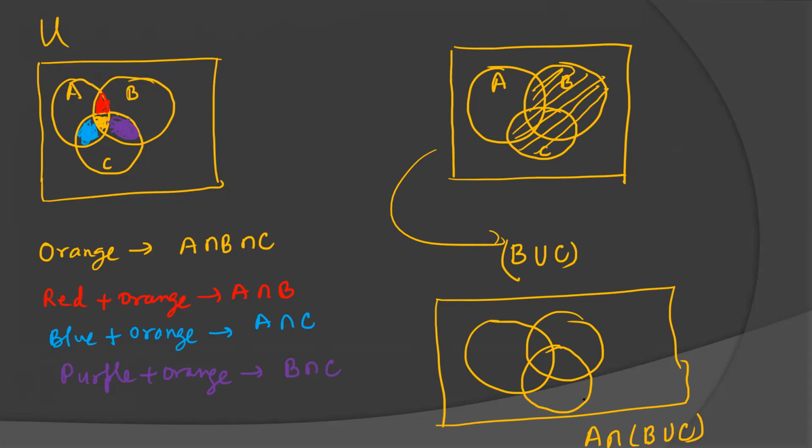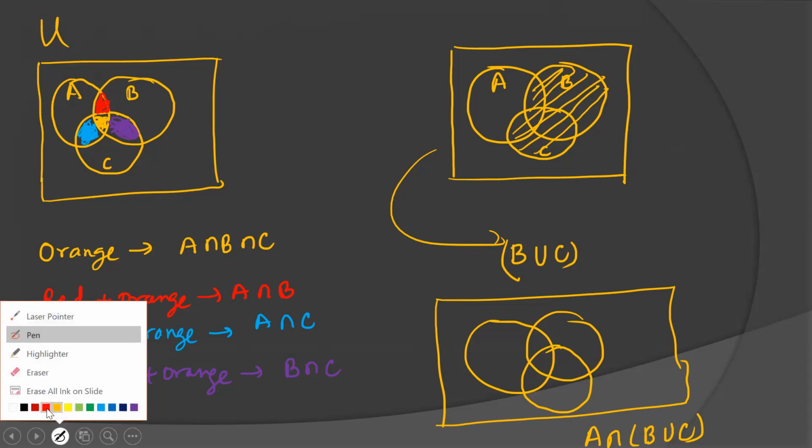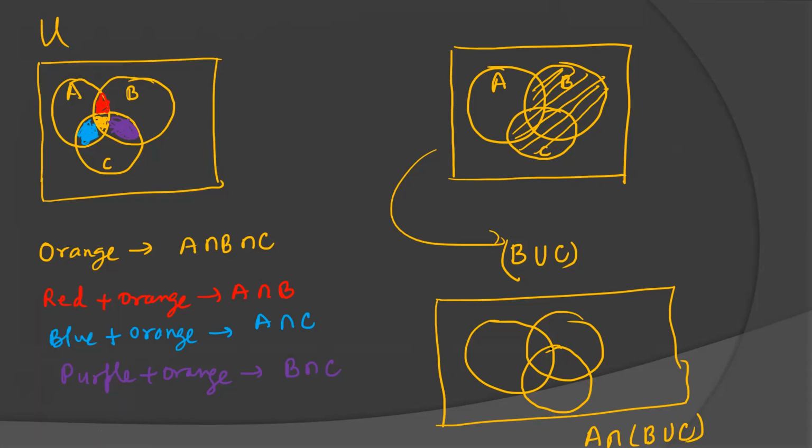So what will be the portion you will cover? Think. It's a very interesting problem. Intersection with A means you have to give the common part of A only here. So this part will be A intersection B union C. So try to make some other Venn diagrams and color them.